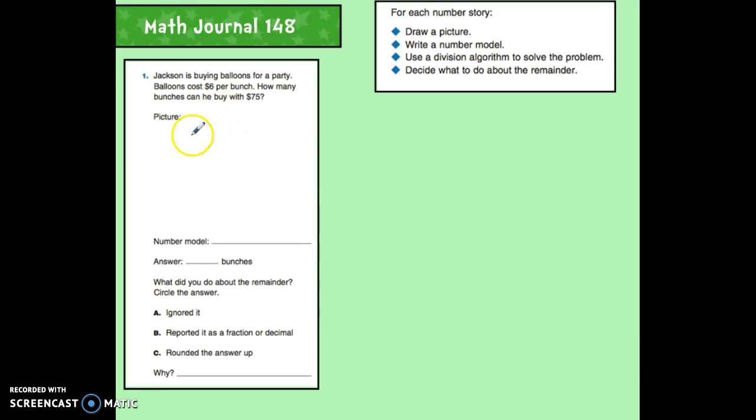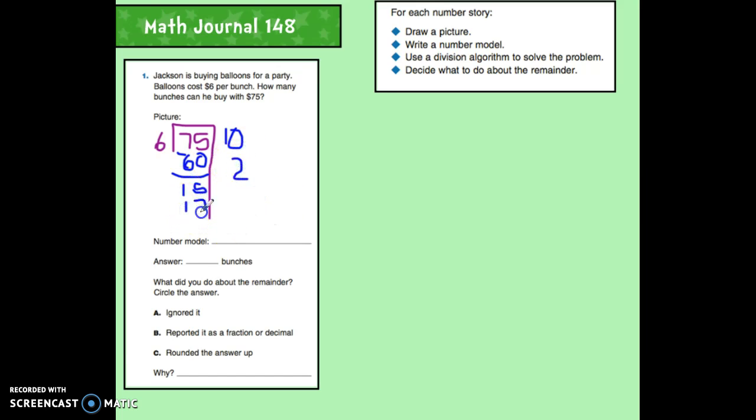So for my picture, I just do this. I'm doing $75 divided by 6. I like to start with numbers like 10. I know 10 groups of 6 is 60. Subtract, 5, 1. How many times does 6 go into 15? 2 times.